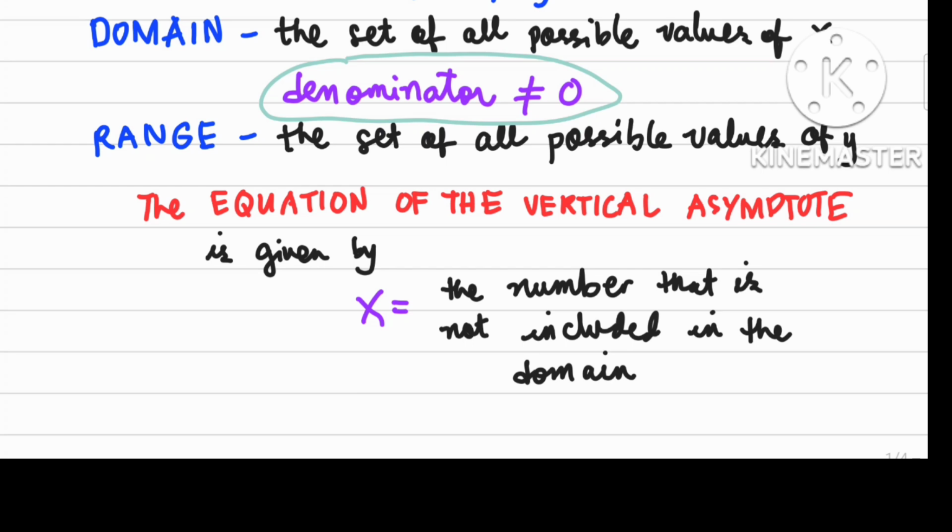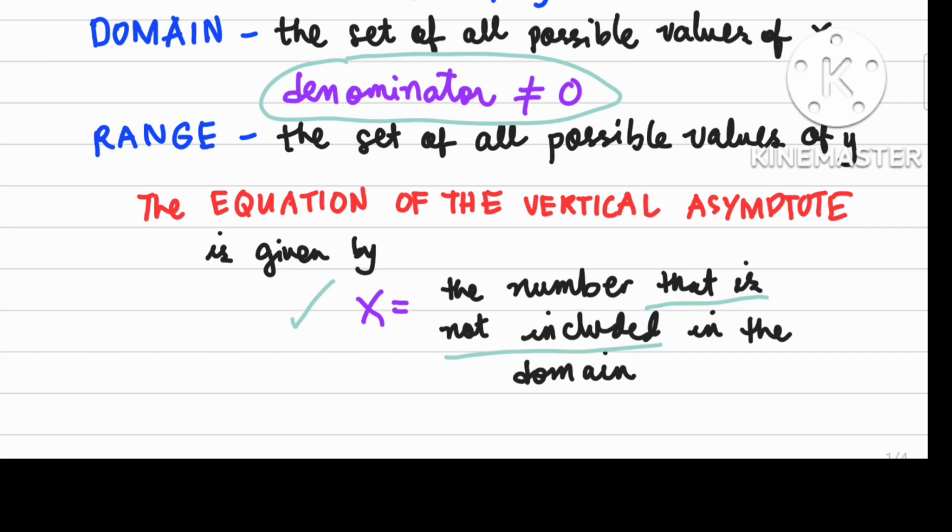Going back to asymptotes, to determine the equation of the vertical asymptote, we simply write x is equal to the number that is not included in the domain. To make sense of this, later we will solve some examples so that we'll be able to understand it better.